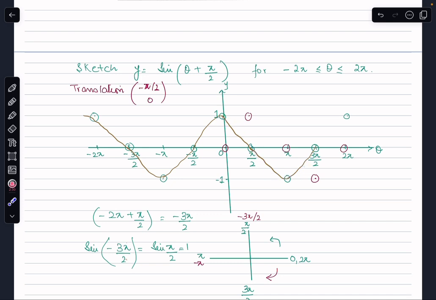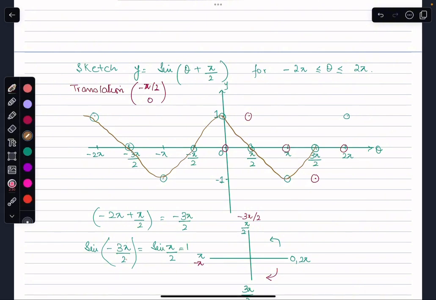I can just continue because I have to make it up till 2 pi, and I can just join these points over here. So this is how the graph of y equals sine of theta plus pi by 2 needs to be drawn.